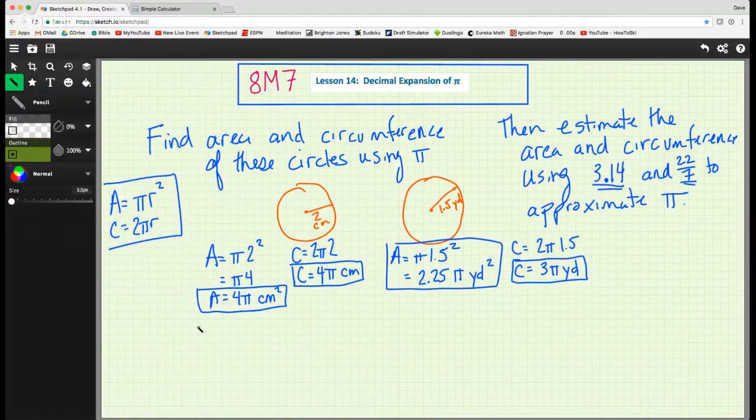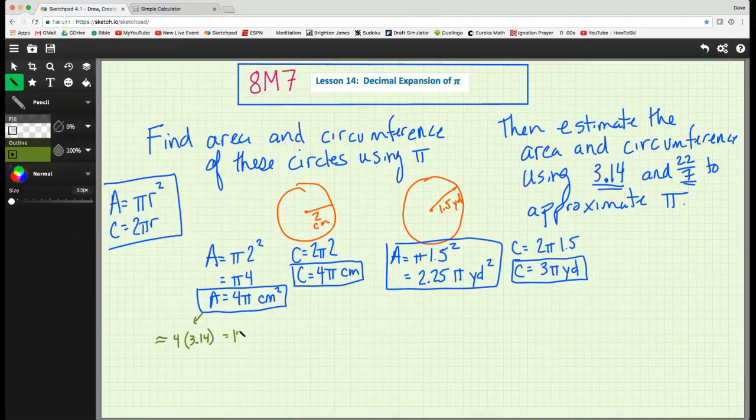Let's start with 3.14. So we would estimate it at 4 times 3.14. And I'm going to get out my trusty calculator. 4 times 3.14 is 12.56.